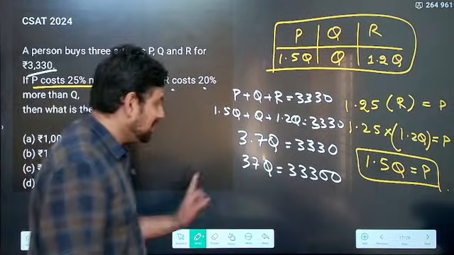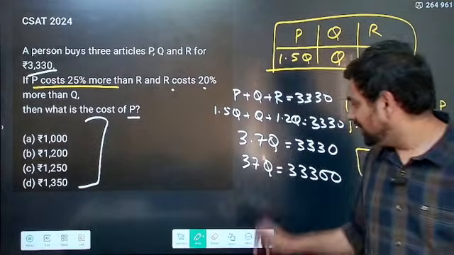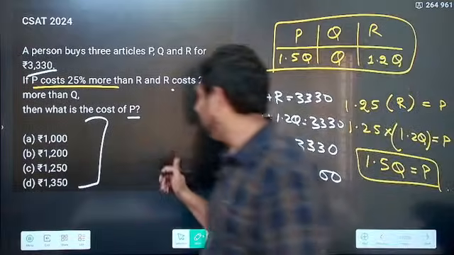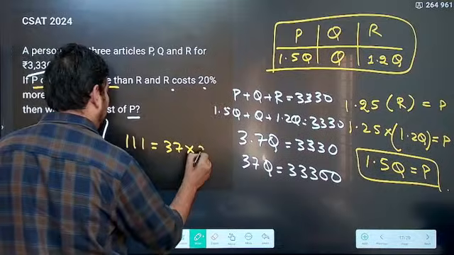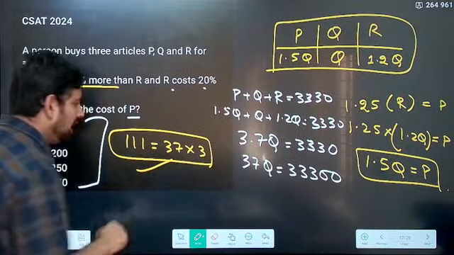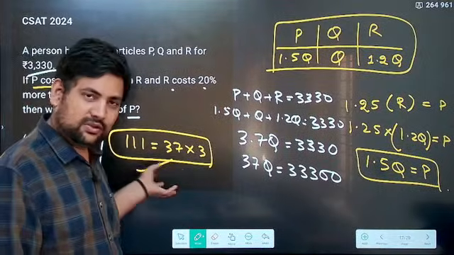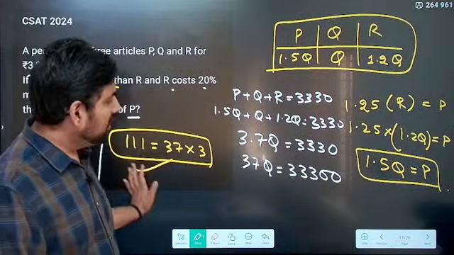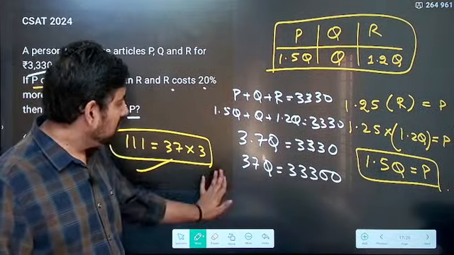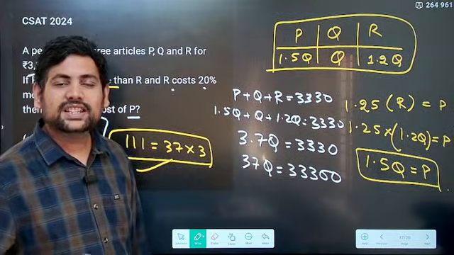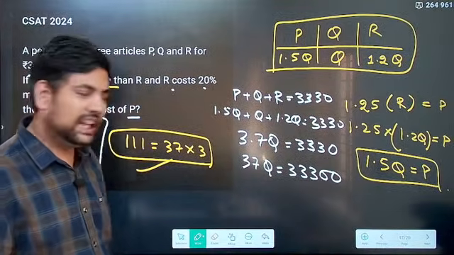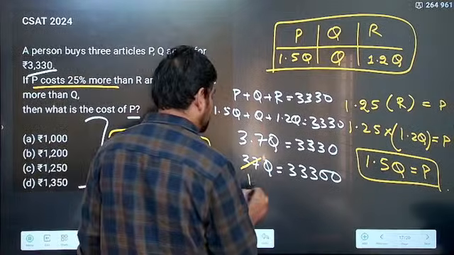Now this is why number system becomes important. In number system we learn about a special number: 111 is equal to 37 into 3. For students who have done number system with me, it was fine, because they could see that 333 is there, and it is very easily cancelled by 37. Anyway, if you don't know, you just start dividing. So this goes one time.